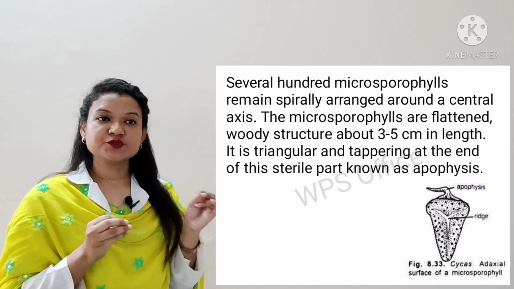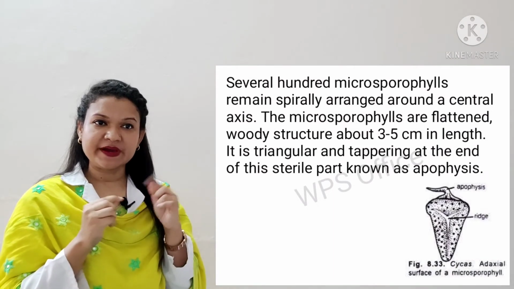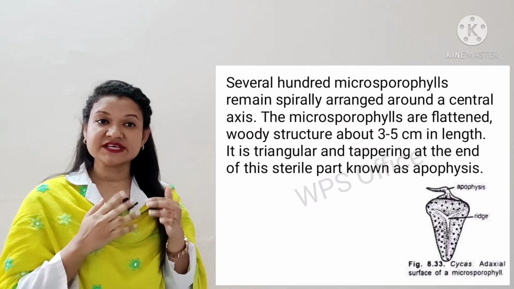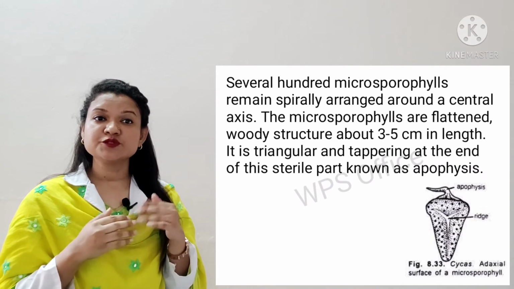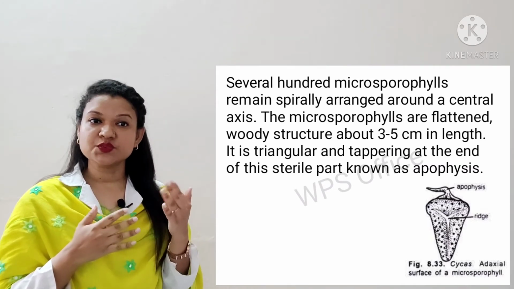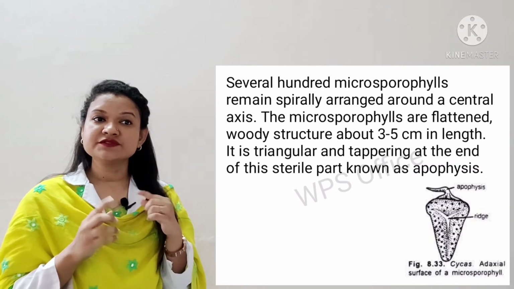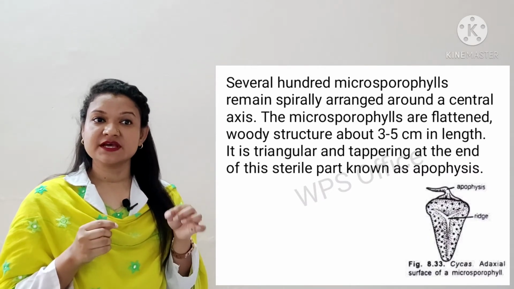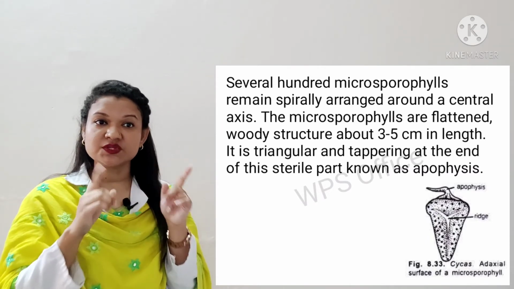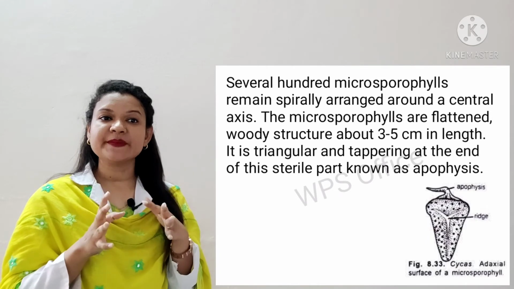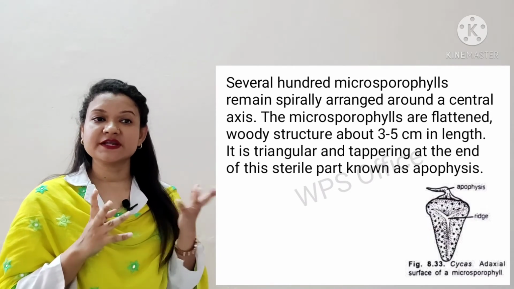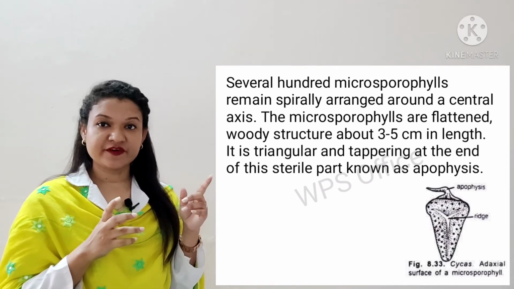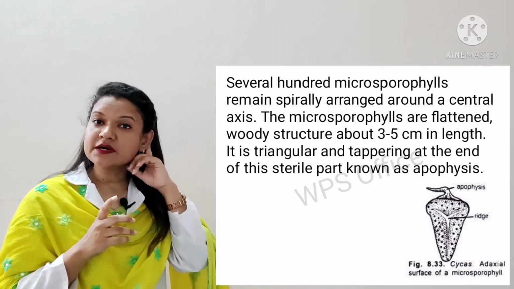Several hundred microsporophylls remain spirally arranged around a central axis. The microsporophylls are flattened woody structures about 3 to 5 cm in length. It is triangular in shape and tapering at the end, this sterile part is known as the apophysis. You can see this in the picture.